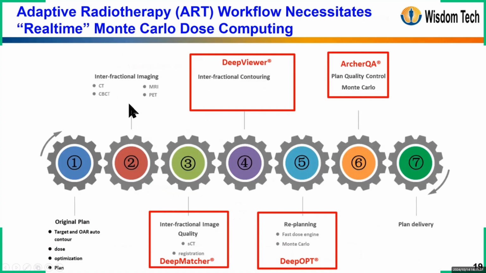If you look at the latest radiotherapy method called adaptive radiotherapy, or ART, the process involves many steps, including image registration, image segmentation, Monte Carlo-based replanning, dose verification, and so forth. Therefore, a very fast Monte Carlo-based dose calculation is extremely important.